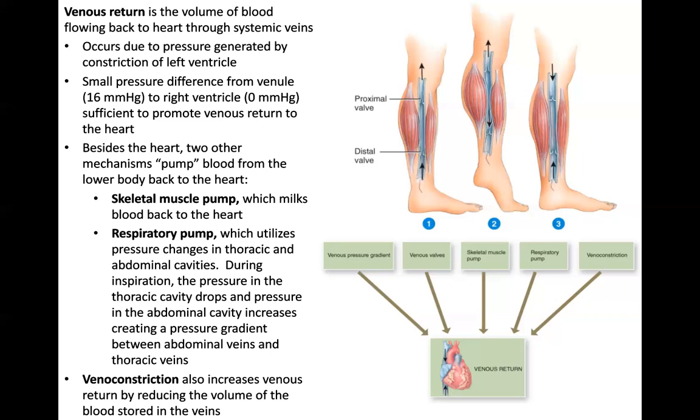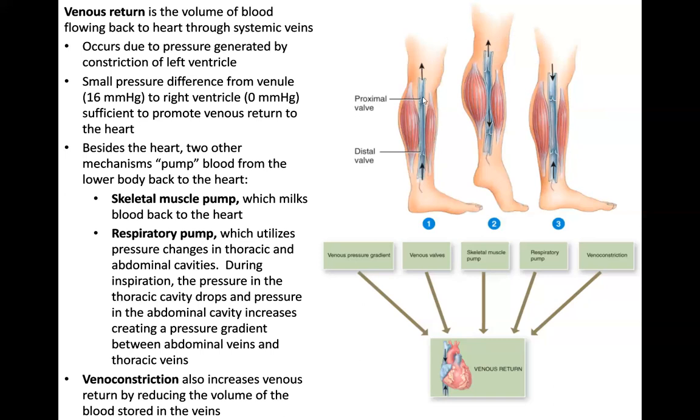It basically, think of it like milking a cow. I'm sure you've all seen videos and movies, that kind of stuff, where people milk cows, or maybe you've actually done it, where you squeeze on the udder, and that's what your muscles do when they contract and relax. They squeeze when they contract, and then when the muscles relax, they allow the blood to continue forward.